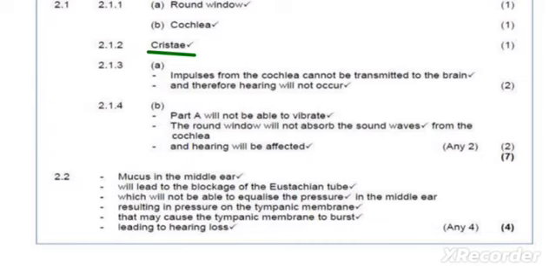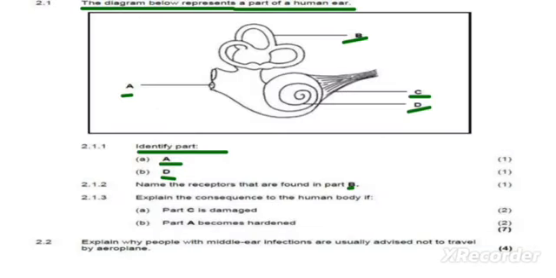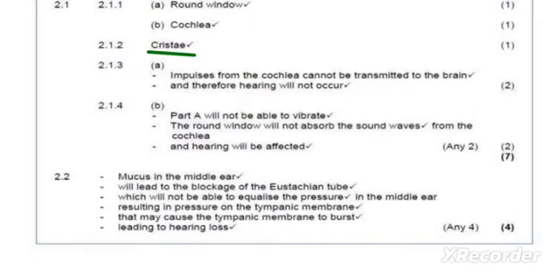Explain the consequence to the human body if part C is damaged. I told you if they ask what will happen if part C is damaged, you ask yourself, what is part C? You know that part C is the auditory canal, right? And then what is the function of part C? It sends the impulses to the brain, right?